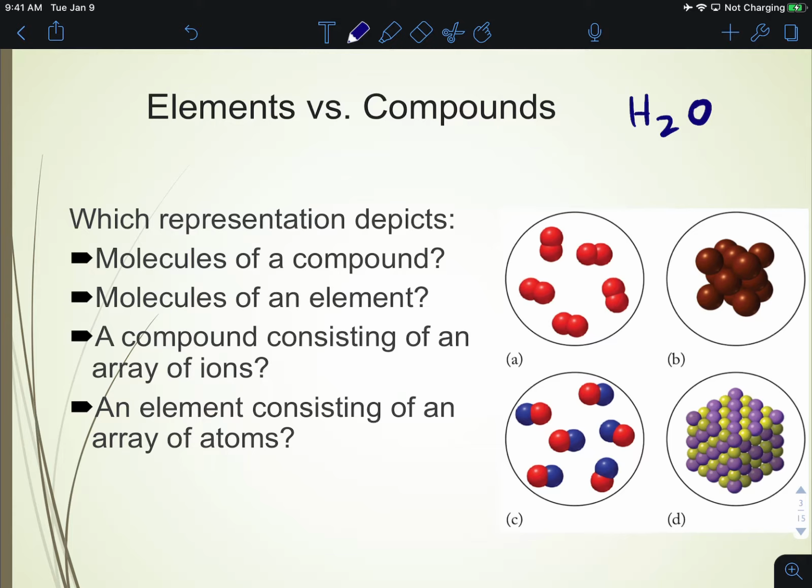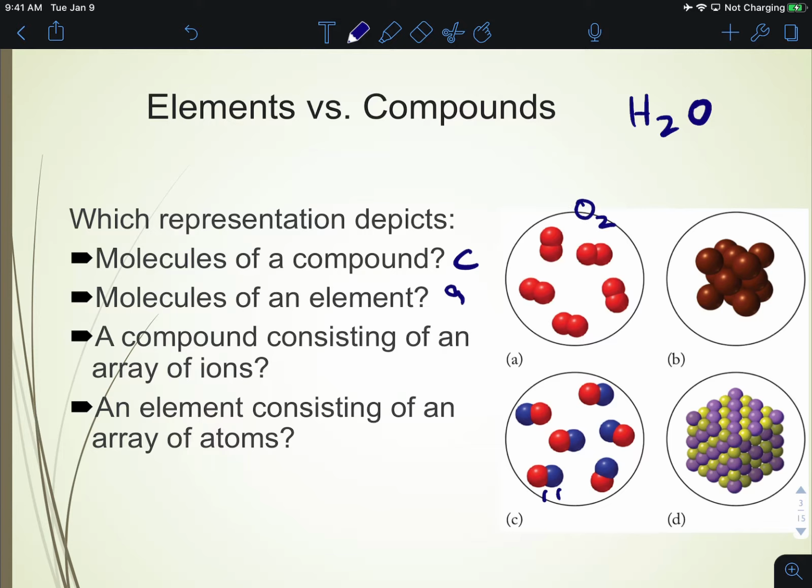And molecules would be these individual components. So C would have to be the correct answer here because you see that we have two different atoms making up this particular species. So those would be molecules of a compound, as opposed to molecules of an element, which would be A, because this would be like oxygen gas here.